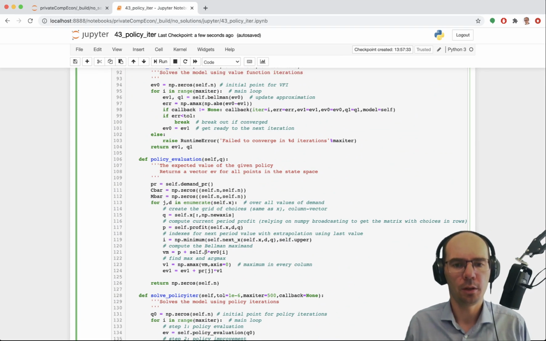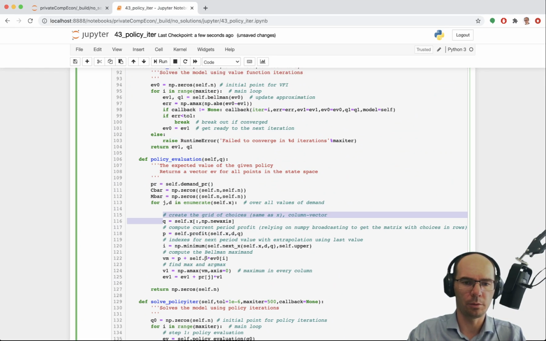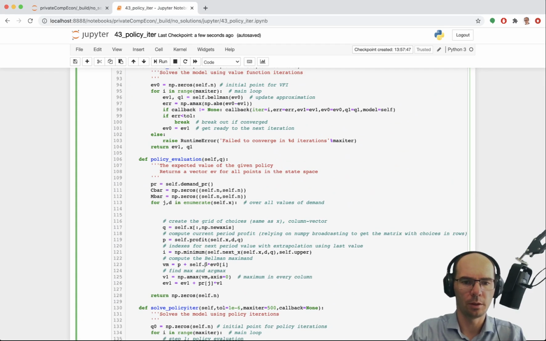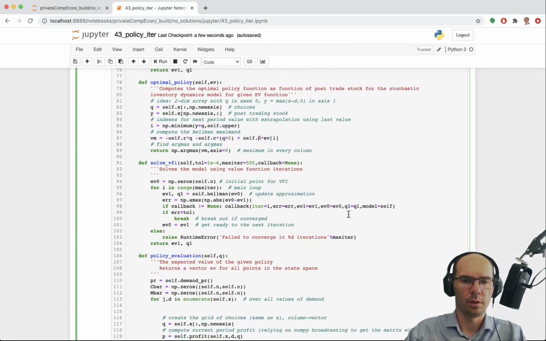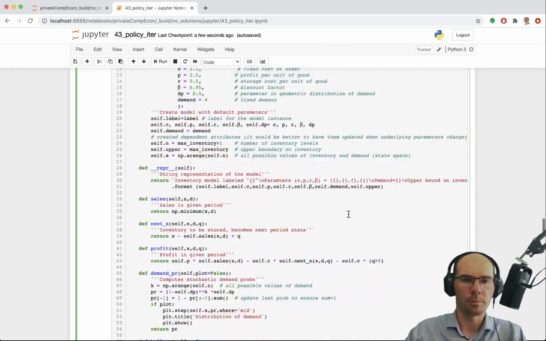And now enumerate self x for all values of the demand. Create the grid of choices. No, I guess we don't need any of this. Or maybe not yet. Grid of choices, grid of choices.